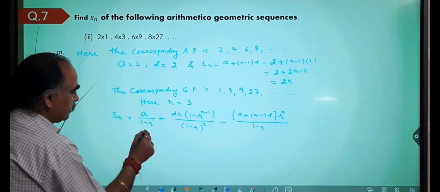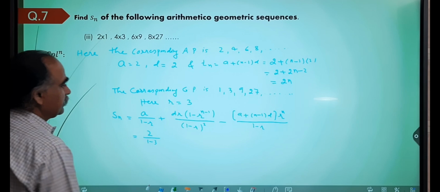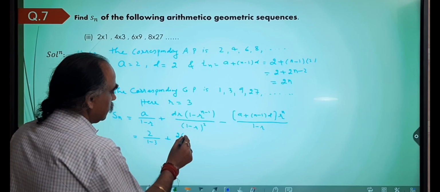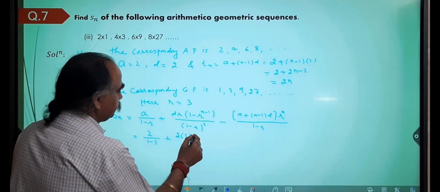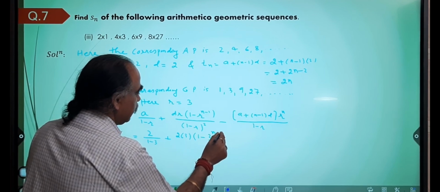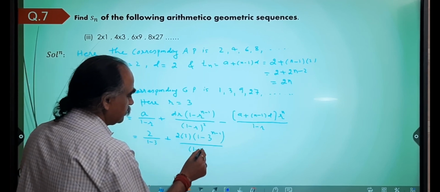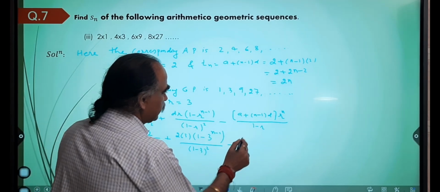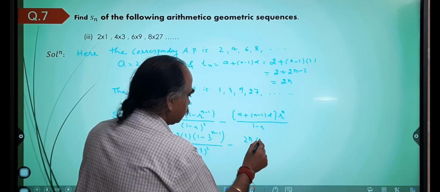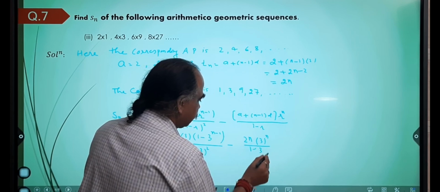A of AP is 2 upon 1 minus 3, plus D is 2 and R is 3, into 1 minus 3 raised to n minus 1 upon 1 minus 3 square, minus A plus n minus 1 into D, which is 2n, into 3 raised to n divided by 1 minus 3.